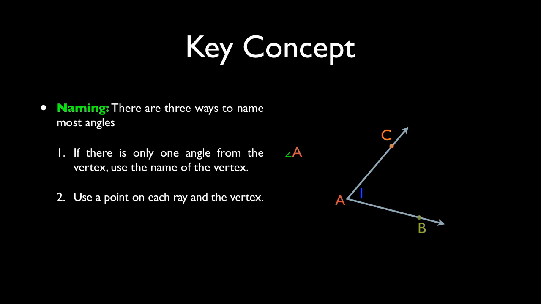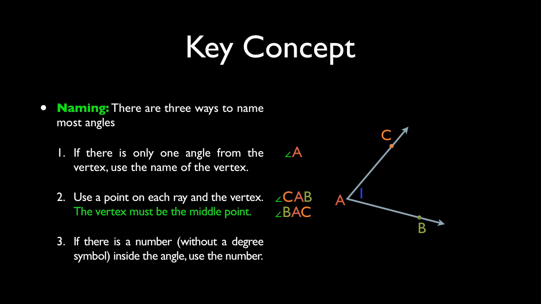So we could name this angle CAB or angle BAC. Notice, and this is very important, that the vertex must be the middle point. Notice how A was in the middle of both of those names. And the final way is if you see a number without the degree symbol inside an angle, you can use the number. So we can also call this angle 1.